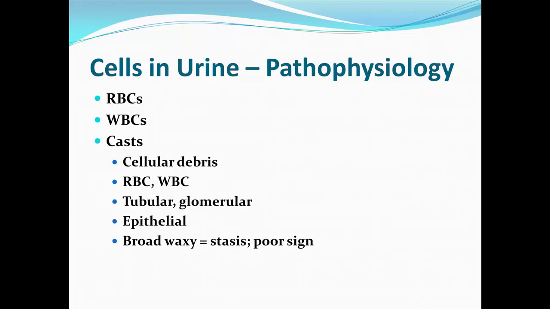The higher that specific gravity, the more junk, the more debris, the more concentrated the urine is, and so we would be very concerned about that. If we look at urine specific gravity along with an elevated creatinine level in the serum, we need to look for a tubular issue because the tubules are struggling.